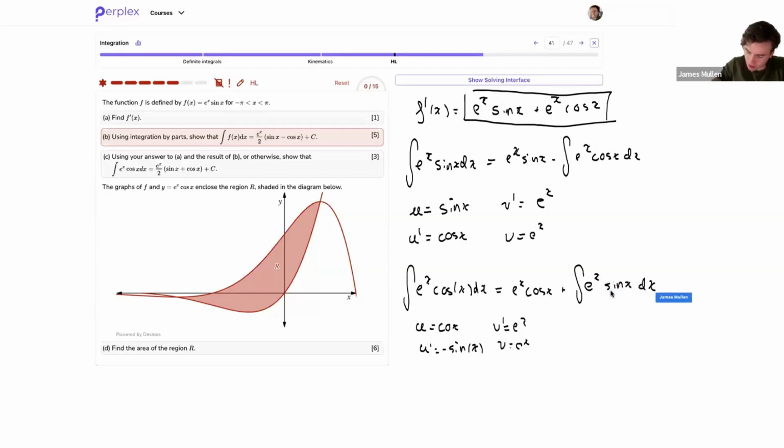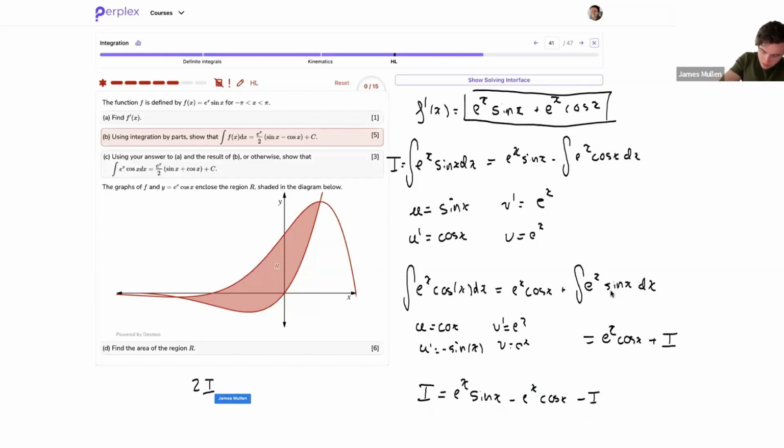e to the x sin of x dx. Okay, and that I can write as e to the x cos of x plus I. And therefore, this I is equal to e to the x sin of x minus e to the x cos of x minus I. And so 2I is equal to e to the x sin of x minus cos of x.